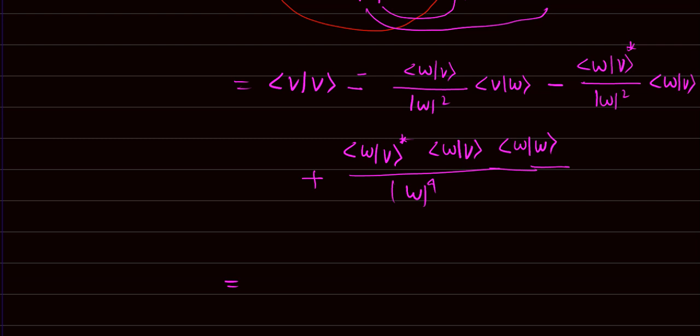Now we know this is what? This is Z dot product with itself. We know from the second axiom, this is always greater than or equal to 0, and equal to 0 only if Z is 0.